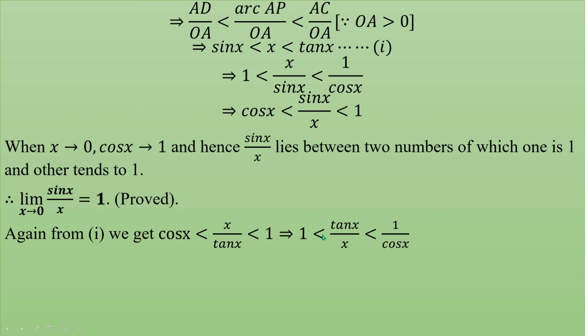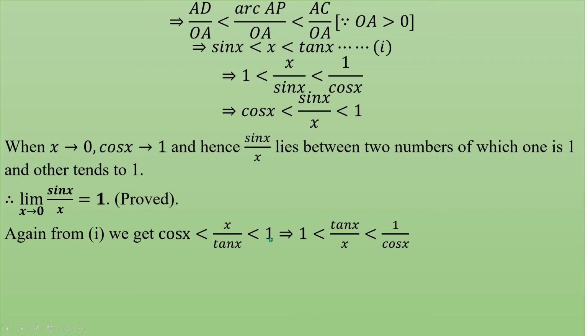Here x by tan x will be converted to tan x by x, and here will be 1, as when we invert, the sign will be changed. So this will be 1 by cos x, and the sign will be along 1 by cos x.